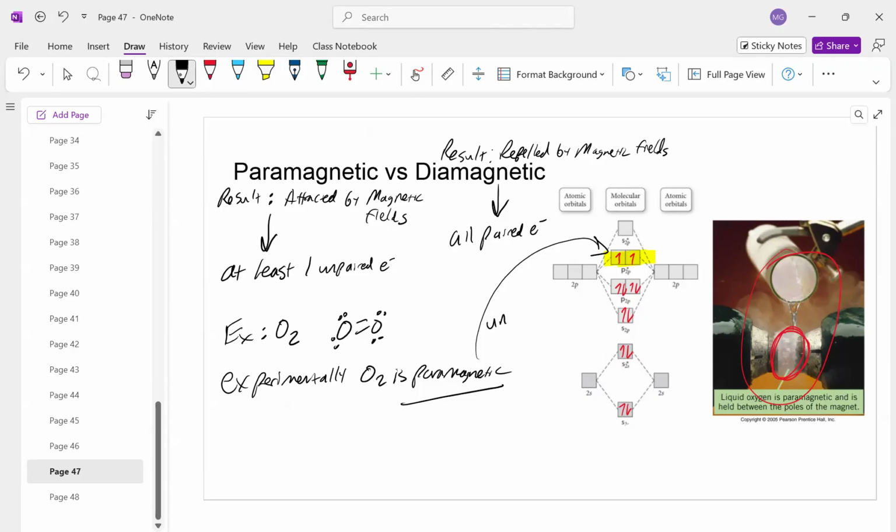Those are unpaired electrons. And so you can see that molecular orbital theory helps us explain this real world evidence that oxygen is paramagnetic. It's attracted to magnetic fields.